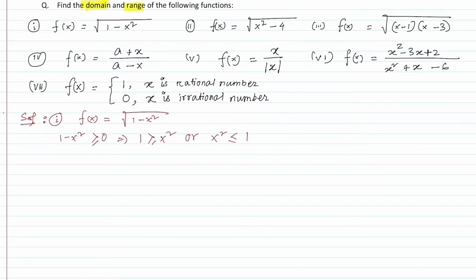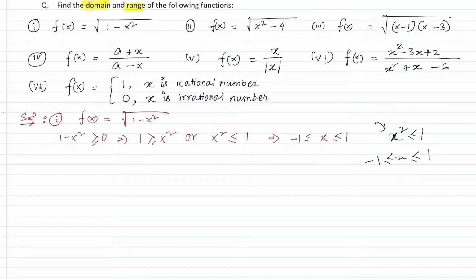If 1 is greater than or equal to x square, then x square must be less than or equal to 1. If so, then x must be greater than or equal to minus 1 and less than or equal to plus 1. Remember one thing: if x square is less than or equal to 1, then we can write x is greater than or equal to minus 1, less than or equal to plus 1.